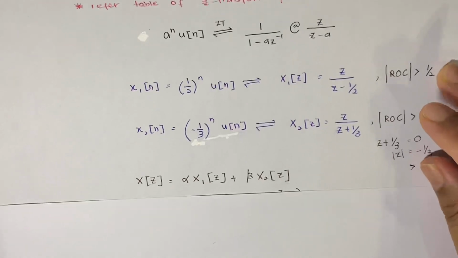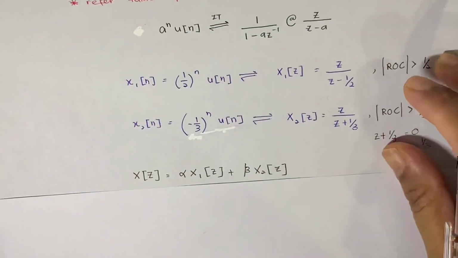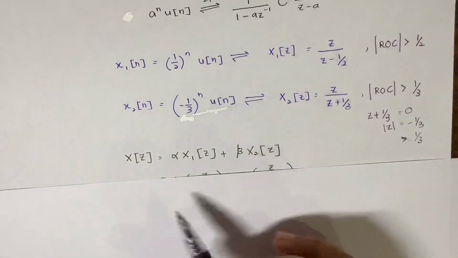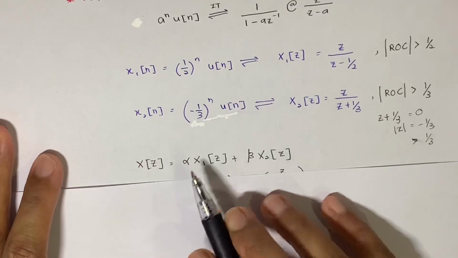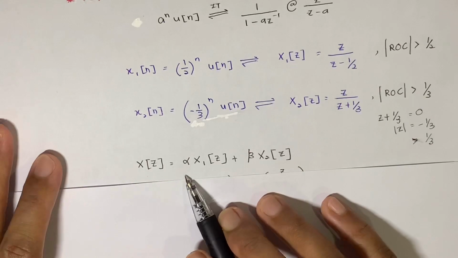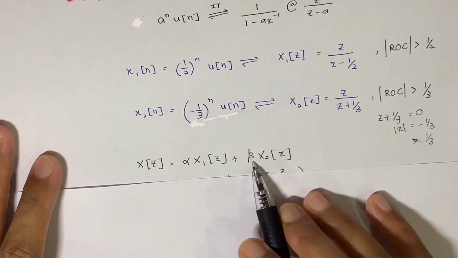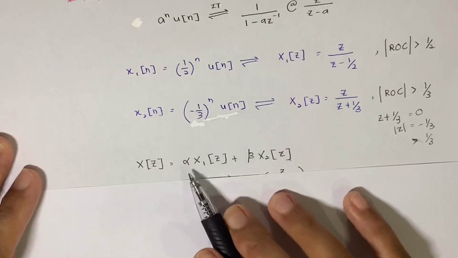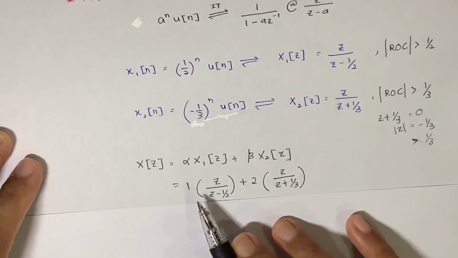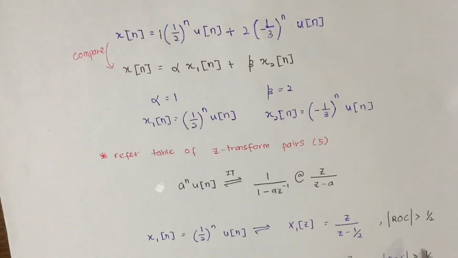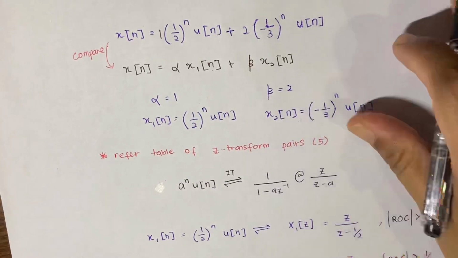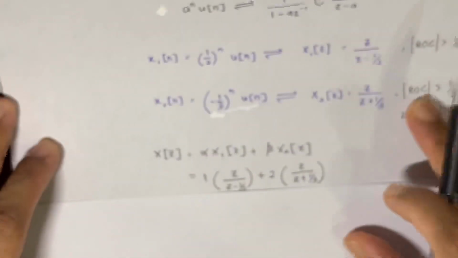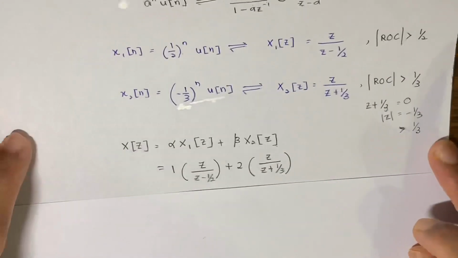And then we apply the linearity property. This is the linearity property equation: X(Z) equal to alpha X1(Z) plus beta X2(Z). So just substitute the values here.